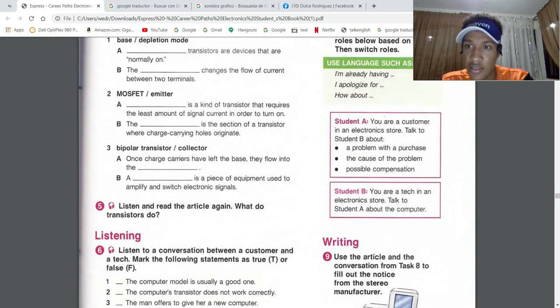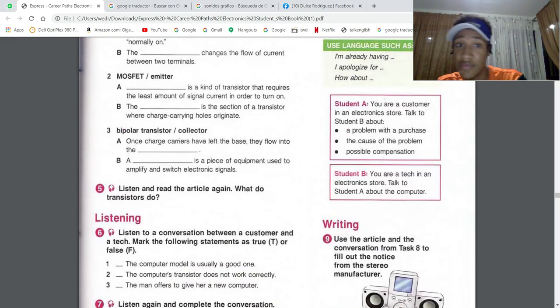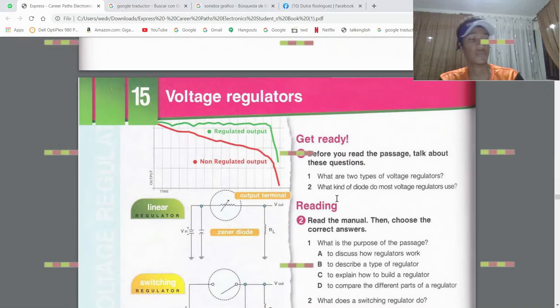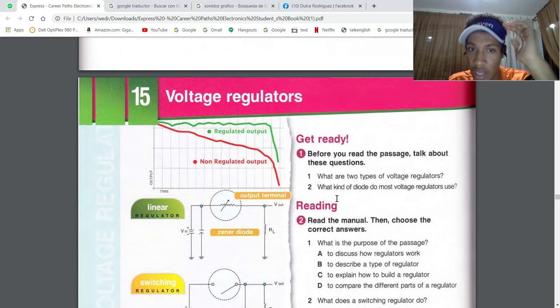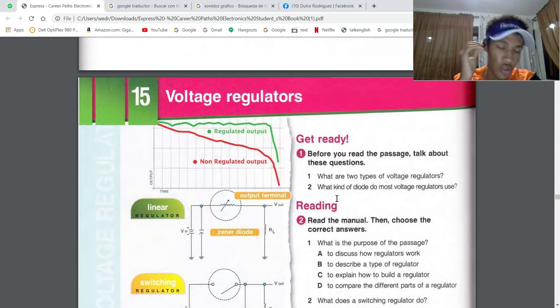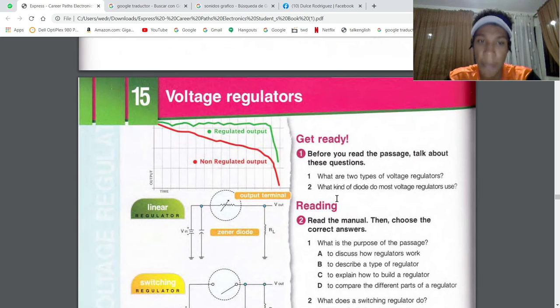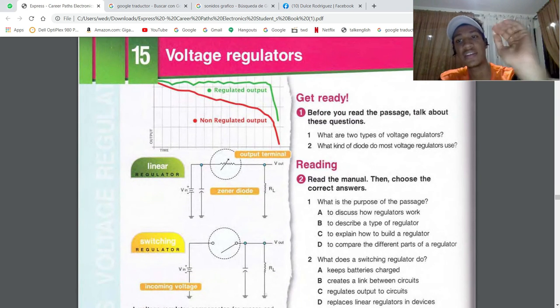I think this is it, and I put the rest in another unit. So if you need a voltage, but you need to regulate it, you need a voltage regulator. If you have a high voltage or low voltage, and you need the same voltage at the output, you need a voltage regulator, because with a resistance the voltage can vary.